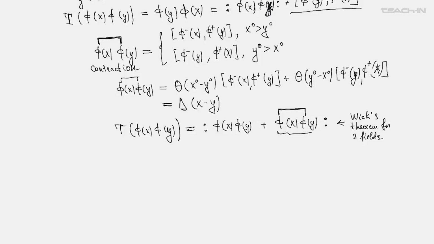The T-ordered product phi on x1 and so on up to phi on xn is equal to the normal ordered product of these fields plus all possible contractions.